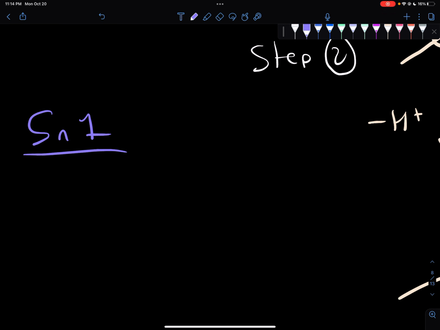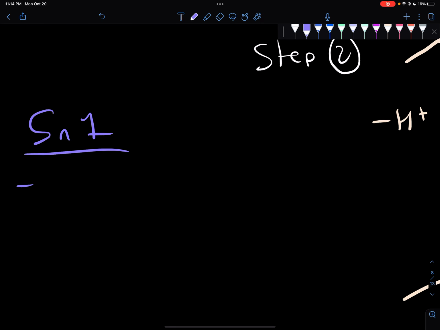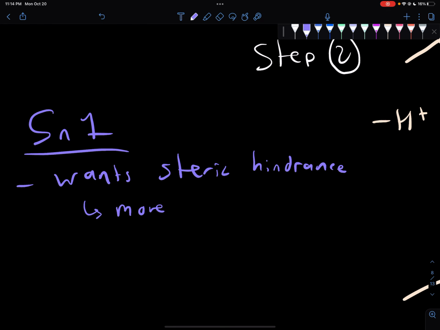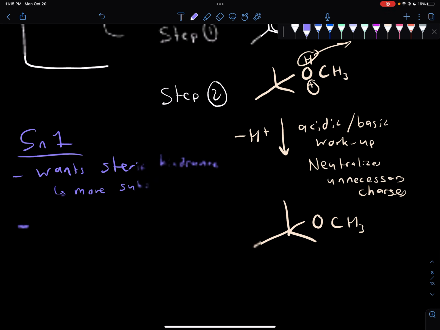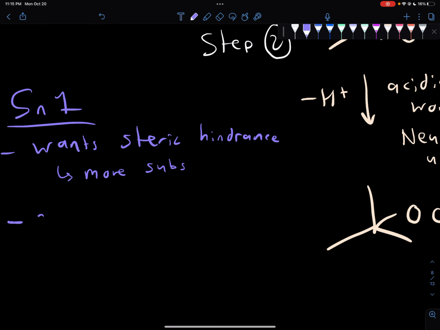So SN1, let's put it together. SN1 is good when you have steric hindrance, or you can think of it as more substituents. You also generally have a weak nucleophile.